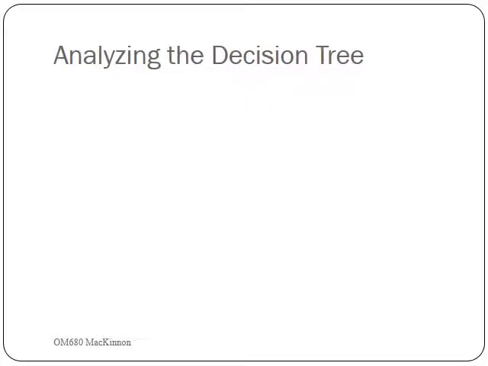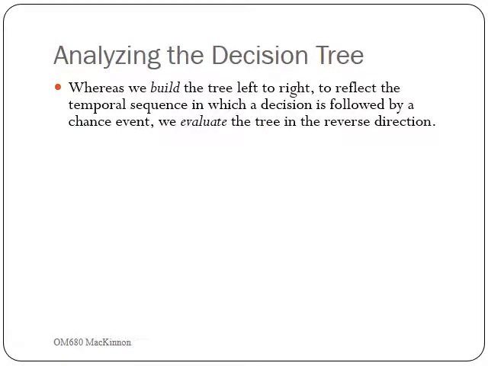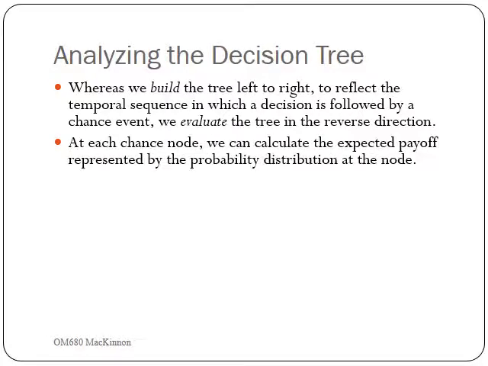So let's take a look at the analysis of a decision tree. We build the tree from left to right, because that is the time sequence in which a decision is followed. But we evaluate the tree from right to left. At each chance node, we can calculate the expected payoff, just like we did in the payoff table, by using the probabilities.